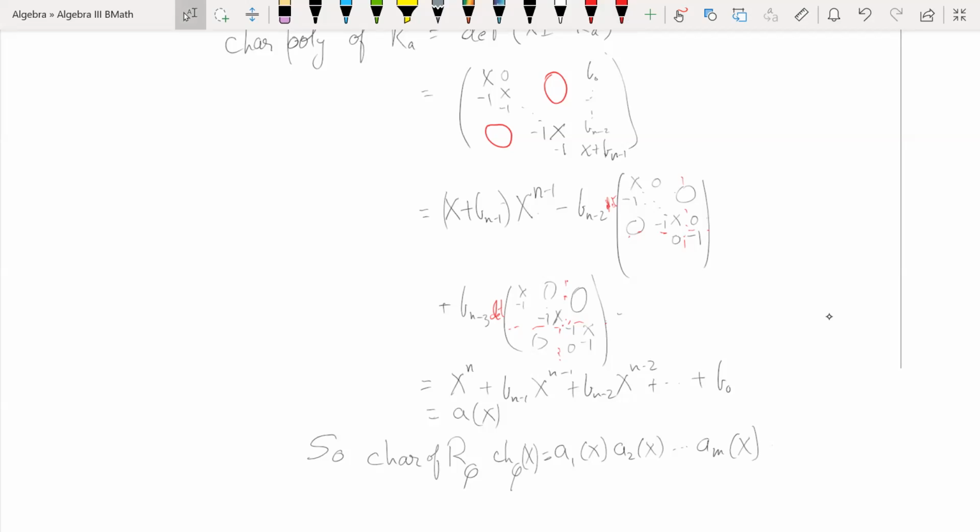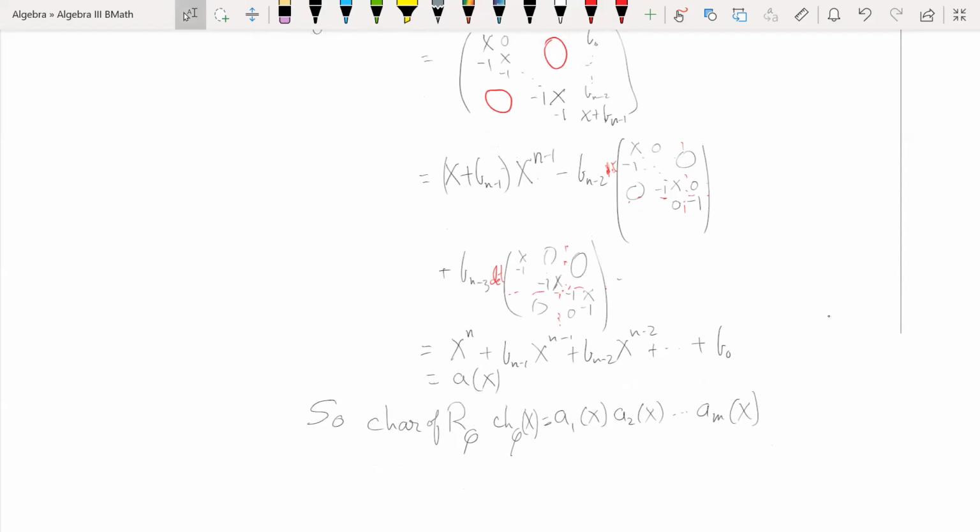If it's not satisfactory, you do one more step, and you'll see this is the pattern. So again, you get x^(n-2), and with positive coefficient b_(n-3).